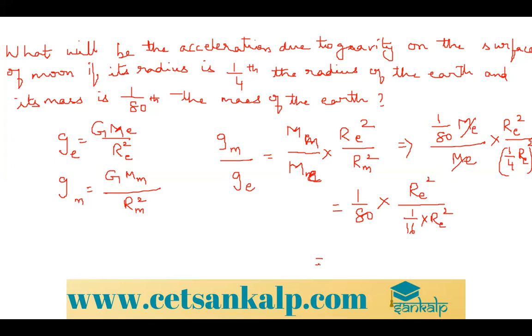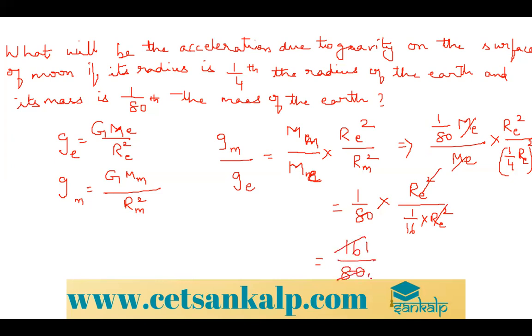Re square and Re square get cancelled. Again, finally 16 divided by 80.